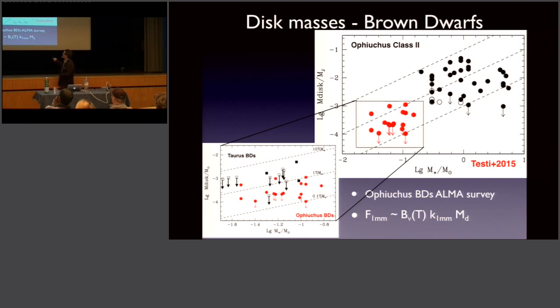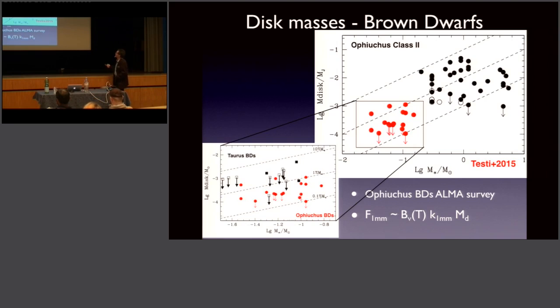The second is to check the possibility of forming planets around brown dwarfs, and to study the physical processes of disk evolution in a very extreme case, so not the 1 solar mass star, but the 0.05 solar mass star with a different temperature, different densities and so on and so forth.